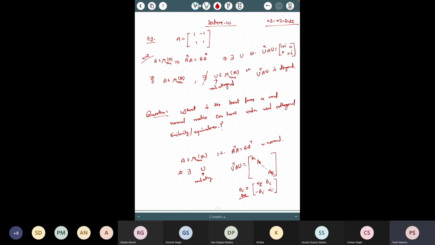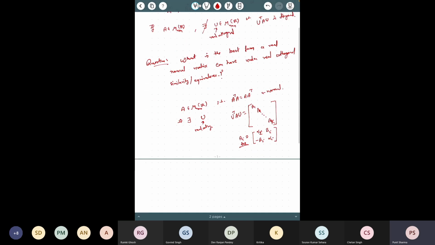We started by applying the complex Schur's theorem there. Here we will apply the real Schur's lemma, and then we will see what happens. I won't give you the complete proof, just the idea, but it is a simple computation. If the idea is clear, then you can write the proof yourself. So let me first write a precise statement for this spectral theorem for real normal matrices.